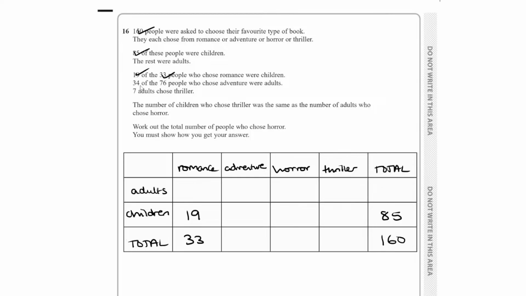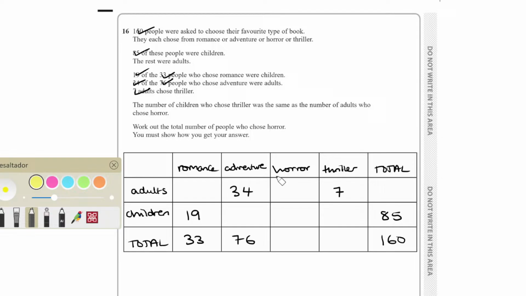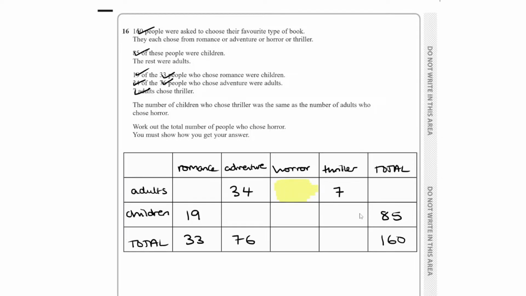34 of the 76 people who chose adventure were adults, the same idea here. 76 people chose adventure, but in that case, we've got 34 were adults, so 34 would go here. 7 adults chose thriller, so 7 here. The number of children who chose thriller, so this one, is the same as the number of adults who chose horror, so this one is the same as this one, isn't it?